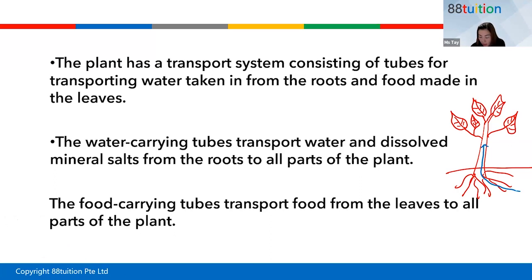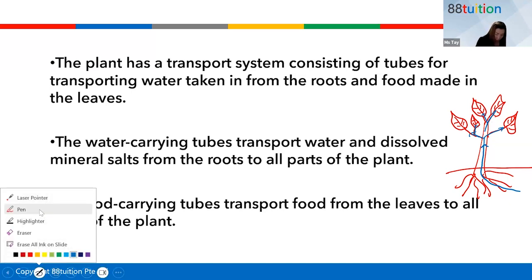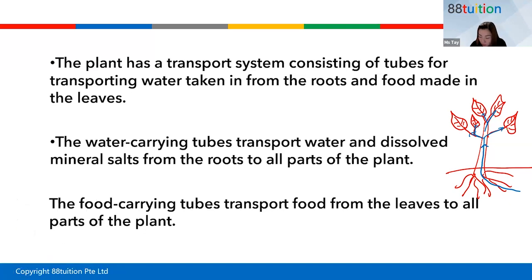From the soil, the water enters the roots and it will move through the water carrying tubes upwards into the leaves. Notice that? Then at the same time, photosynthesis takes place and then you have the food being produced. Now, the food that is being produced by these particular leaves, does it go down only?